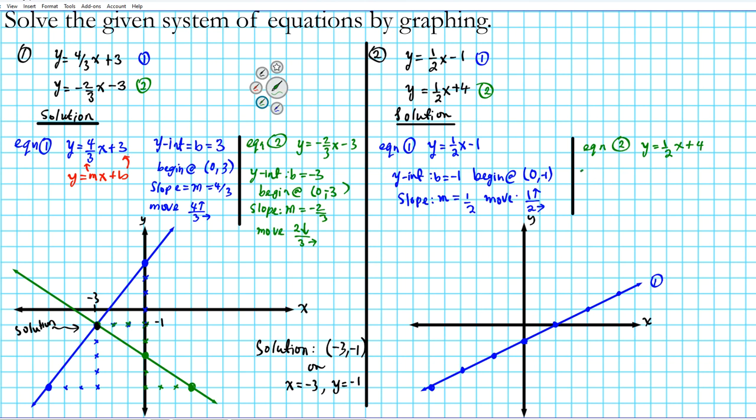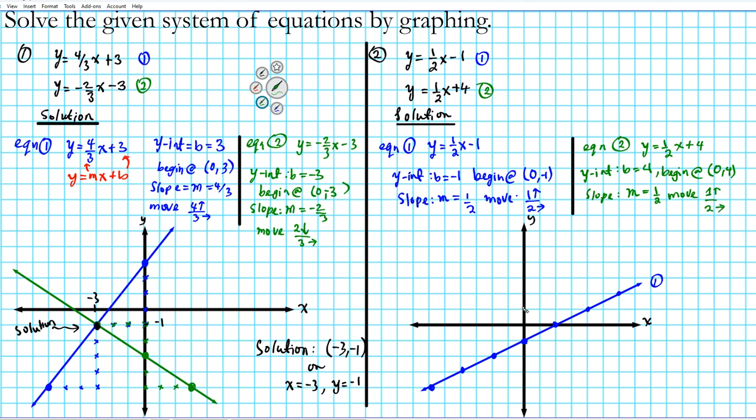So in this case, the y-intercept b is 4. So that means we're going to begin at 0, 4. And your slope m is 1 over 2. So your move is going to be the same as the first one. You're going to move 1 unit up and 2 units to the right.